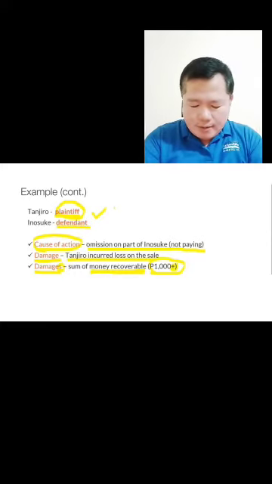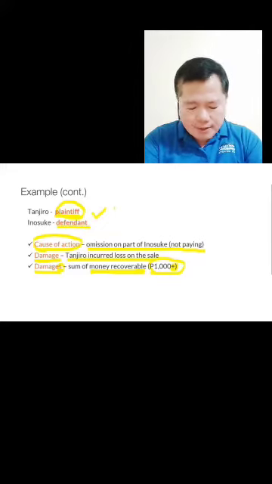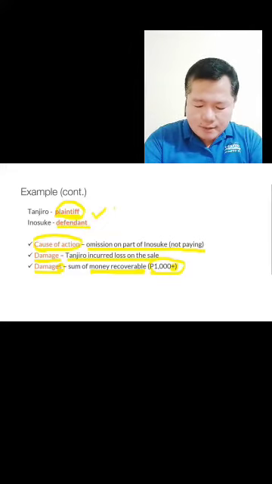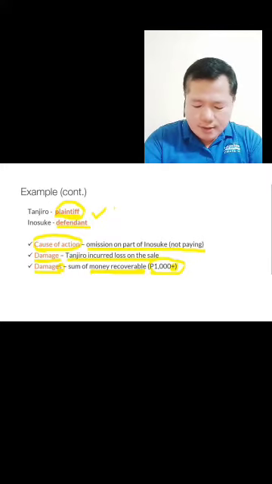the award or grant ng money recoverable for Tanjiro is more than 1,000 pesos because aside from the 1,000 incurred damage of Tanjiro, there are still other damages that Tanjiro could still recover, like moral damages and others, no?